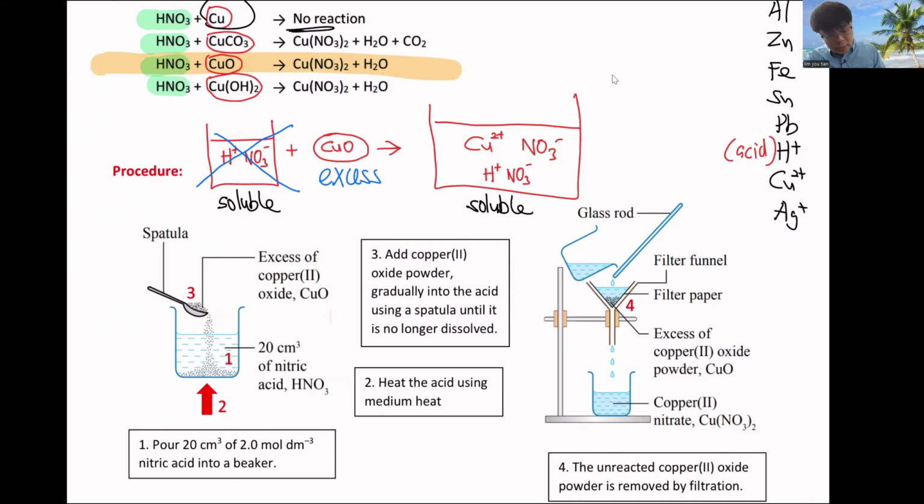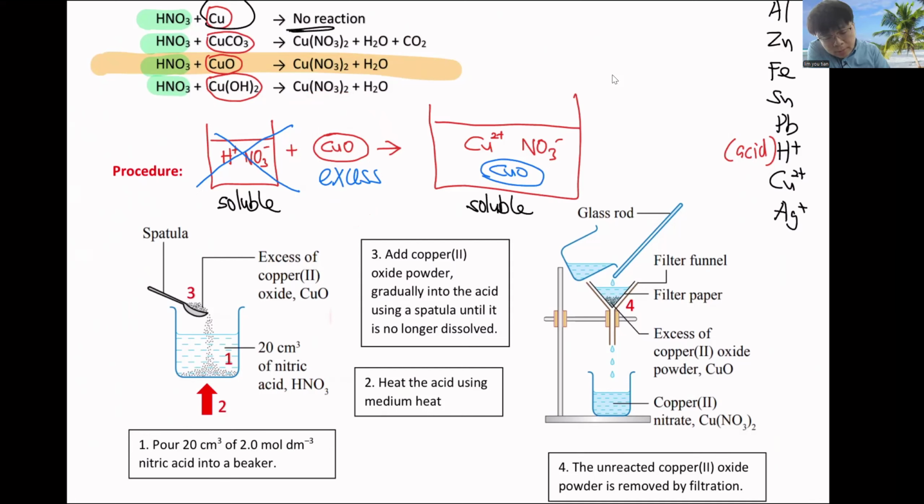This is what I do: I throw in the copper 2 oxide until it no longer dissolves. We call that excess. So what does excess mean? The acid has completely dissolved already, which means in this solution there is no more nitric acid. But of course, there will be excess copper 2 oxide. I don't worry about the copper 2 oxide, you know why? Because copper 2 oxide is insoluble.